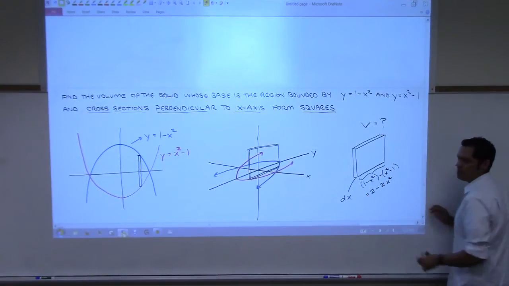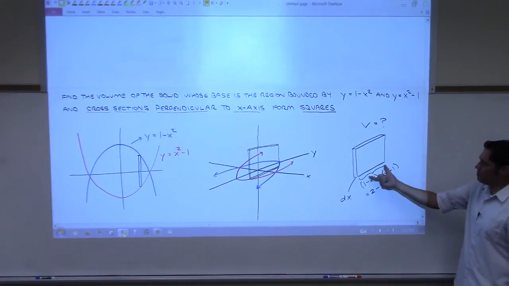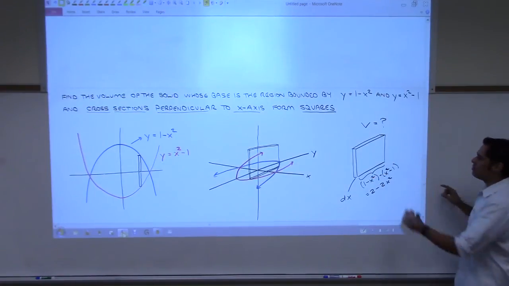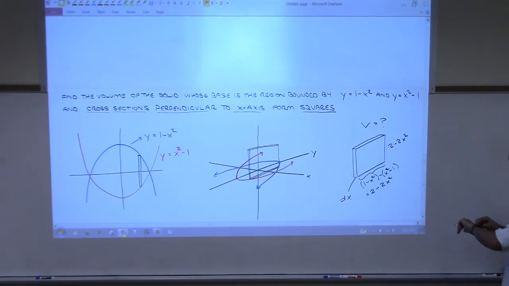Drop your parentheses, distribute the negative through, collect like terms. 2 minus 2x squared. That's how wide this is. But since these are squares, that's also how tall it is. So this side's 2 minus 2x squared. Any questions? No?